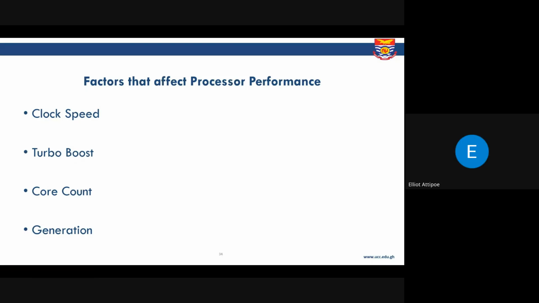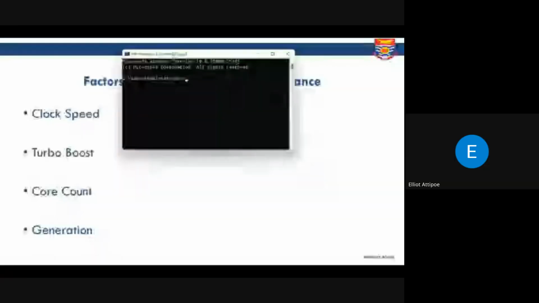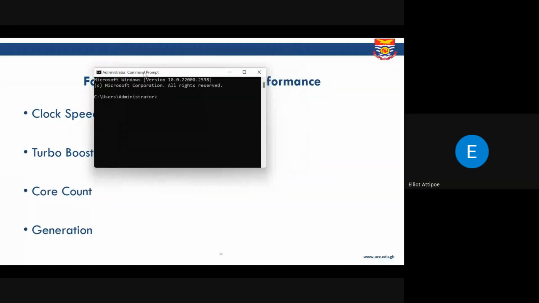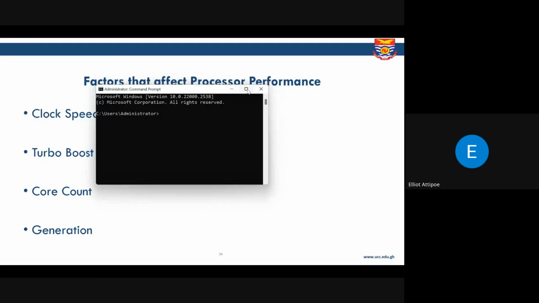Are you all able to check your number of cores? No, sir. What is the problem? How to input the command? When you search for CMD and open it, this will show up.